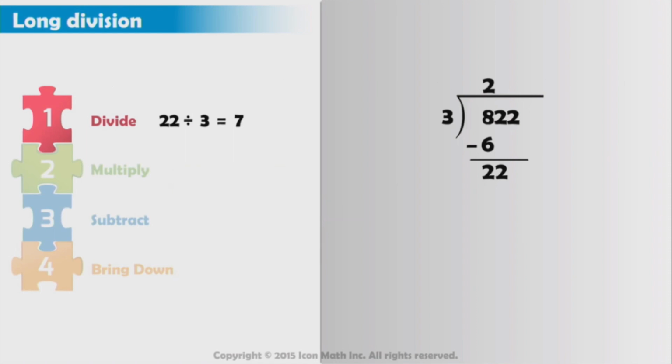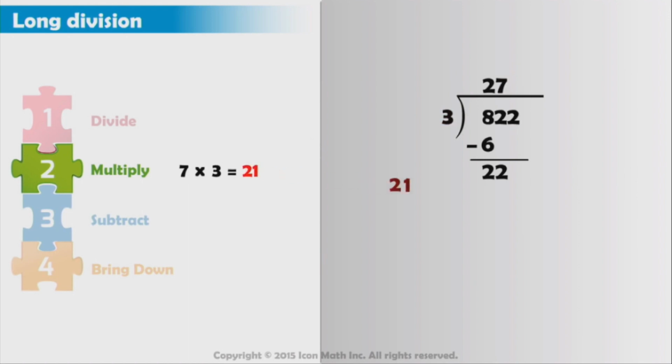So 7 becomes the second digit in our quotient. We write 7 above the 2 from our dividend. Now we multiply. We take 7 and multiply it by our divisor, 3. 3 times 7 equals 21.